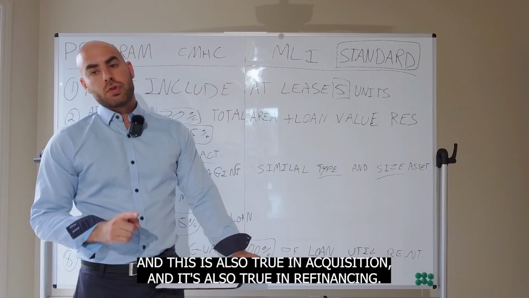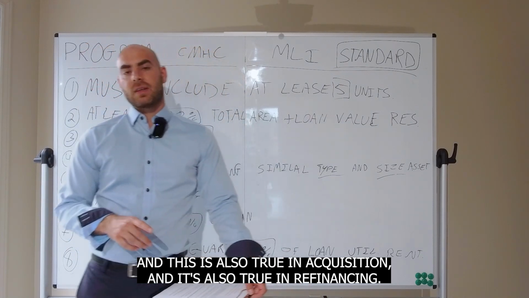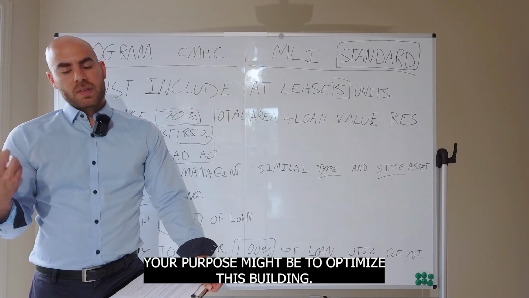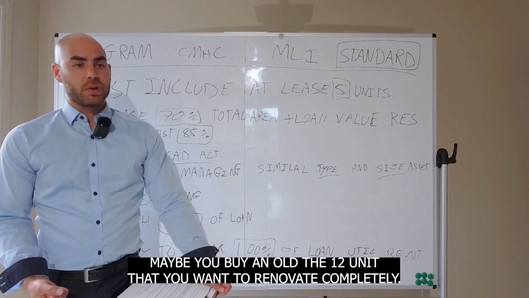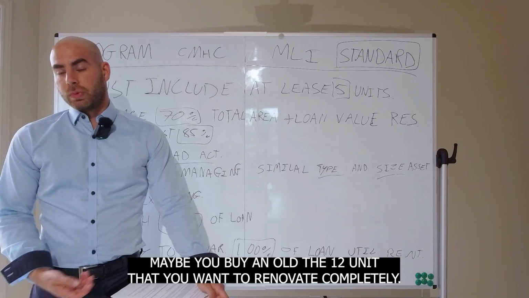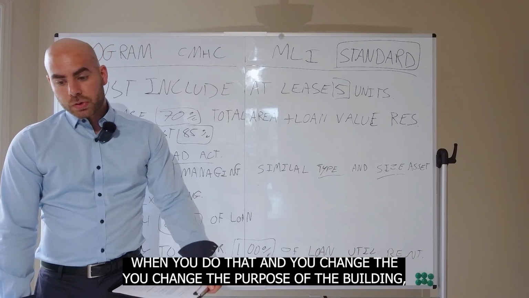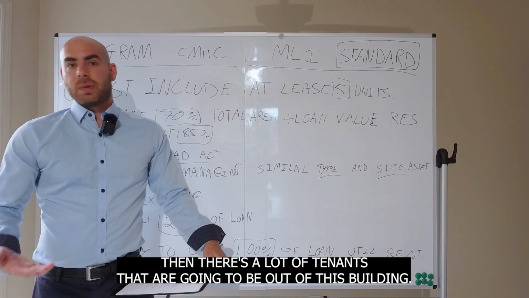And this is also true in acquisition, and it's also true in refinancing, okay? Because in acquisition, when you purchase a building, your purpose might be to optimize this building. Maybe you buy an old 12 unit that you want to renovate completely. When you do that and you change the purpose of the building, then there are a lot of tenants that are going to be out of this building.